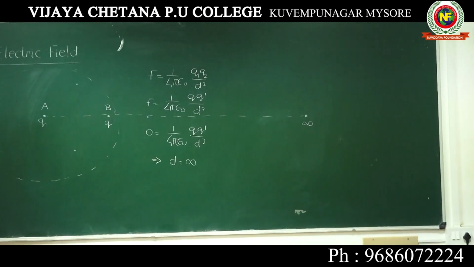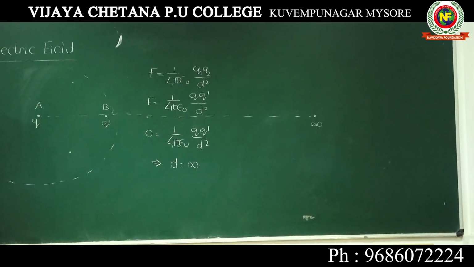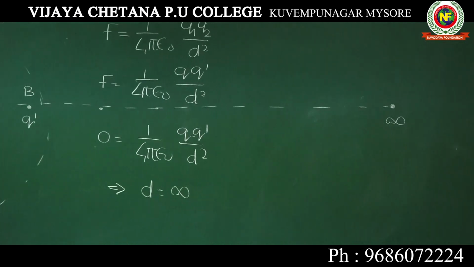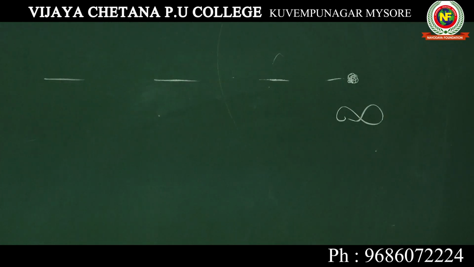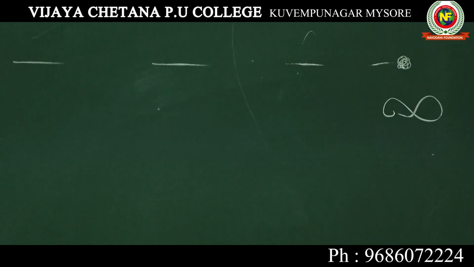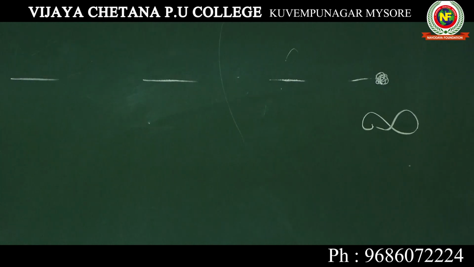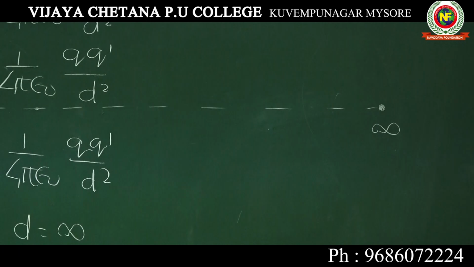Therefore, you must follow the point that electric field around every charge extends up to infinity. Most important. Electric field due to every charge extends up to infinity. Therefore, every charge produces an infinitely long range electric field.